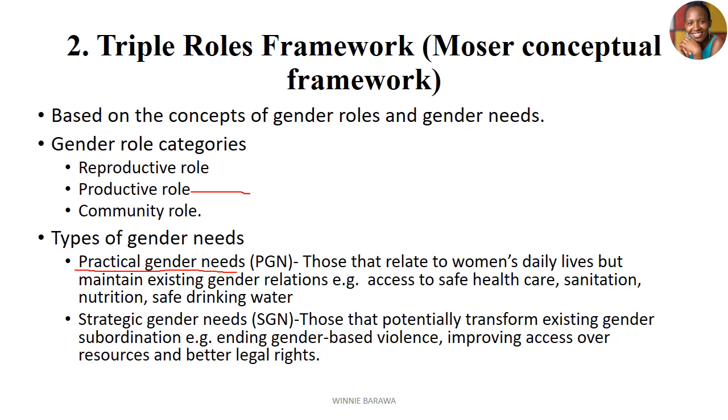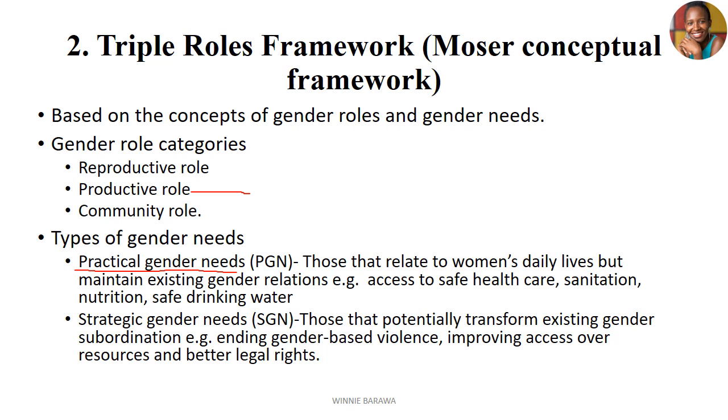One of the gender needs is what we call the practical gender needs, PGN. The practical gender needs are needs that cover our daily lives: how we access our healthcare services, how we access our food, how we access our drinking water and sanitation, generally daily life activities that maintain our gender relations stable.